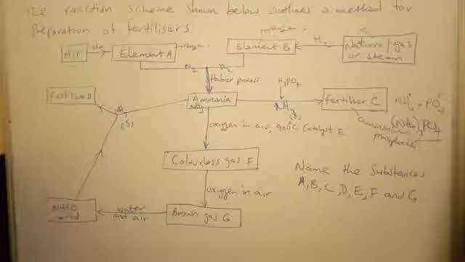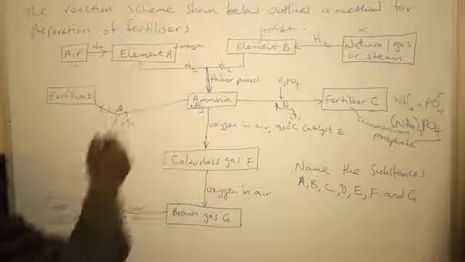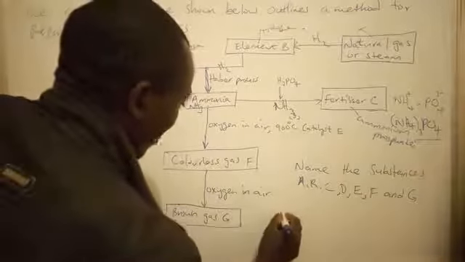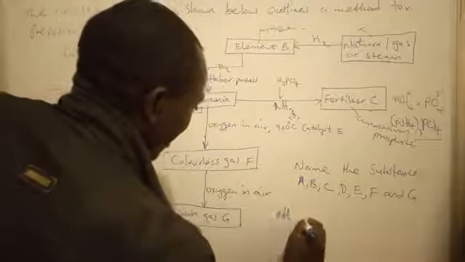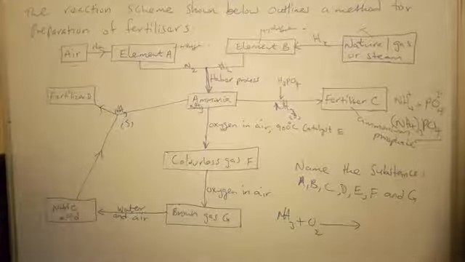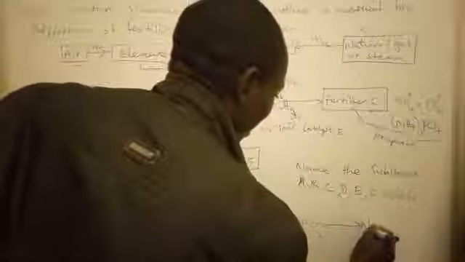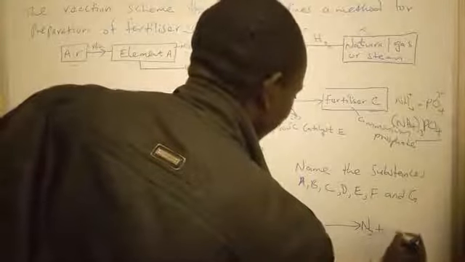Ammonium phosphate. Downwards, when ammonia is burnt in air, in the absence of a catalyst, we don't use this catalyst here, then we end up forming nitrogen gas and steam.